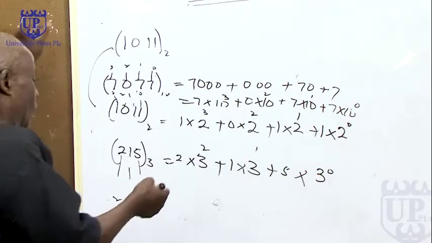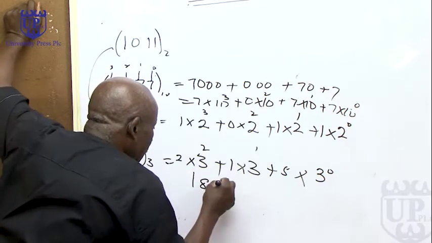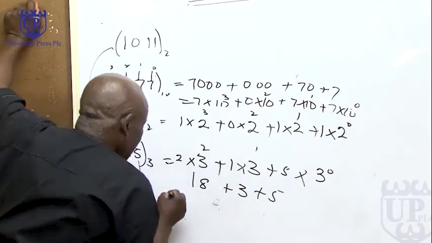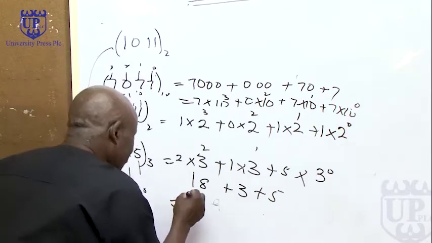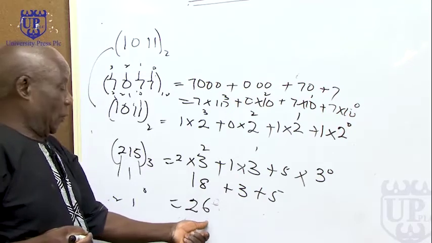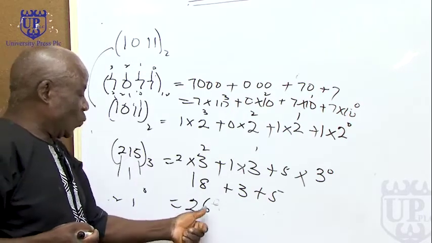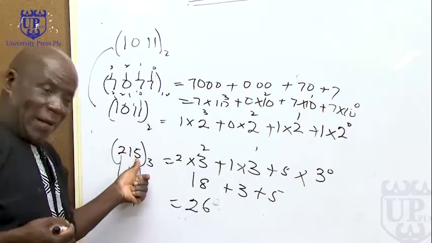For example, this one will be 18 plus 3 plus 5, and this is 26. You don't need to put base 3, but this one is 26, while this one is 215.